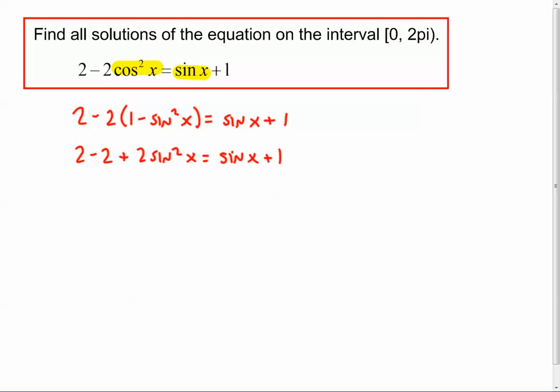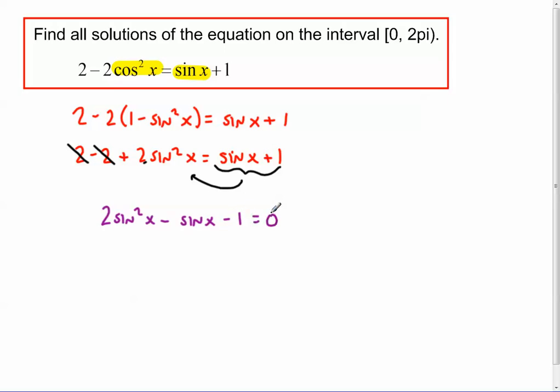So this 2 cancels with this 2. I'm going to swing both of these over to the left. Okay, and that's going to leave me with 2 sine squared minus sine minus 1 equals 0.